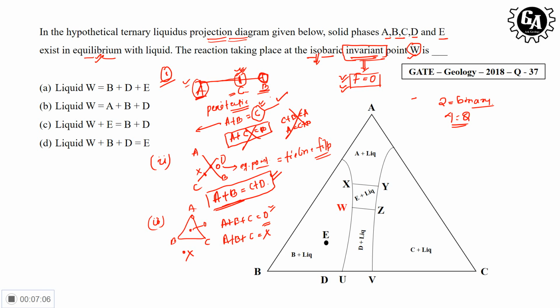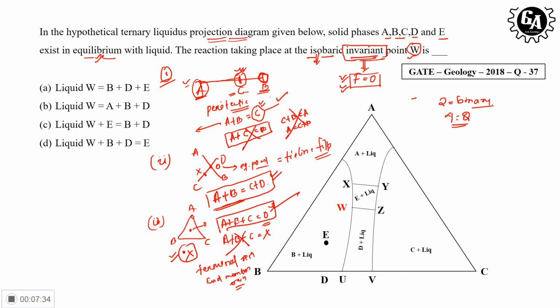I cannot define this point X by using only A plus B plus C. This type of reaction, you can write down for an equilibrium reaction, but this is not an equilibrium reaction. This type of reaction is called your terminal reaction or end member reaction.